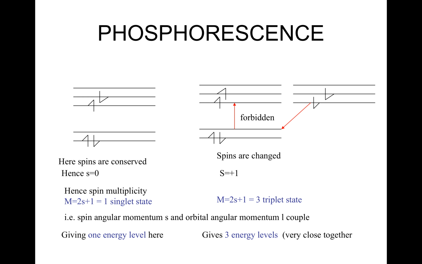Spin angular momentum S and orbital angular momentum L couple. In this case, they give just one energy level, and yet on the right hand side, in phosphorescence, they give 3 energy levels which are very close together.